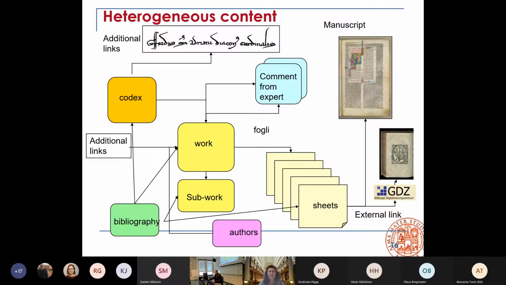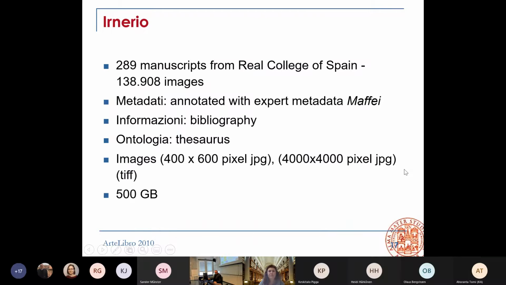And also we have an author for the bibliography and an author for the work, and not limited to that, we have also comments from experts around the world. And we have additional material, like this signature of the author, collected from different resources, whether Wikipedia or other resources, or external ones, like a museum or a collection.